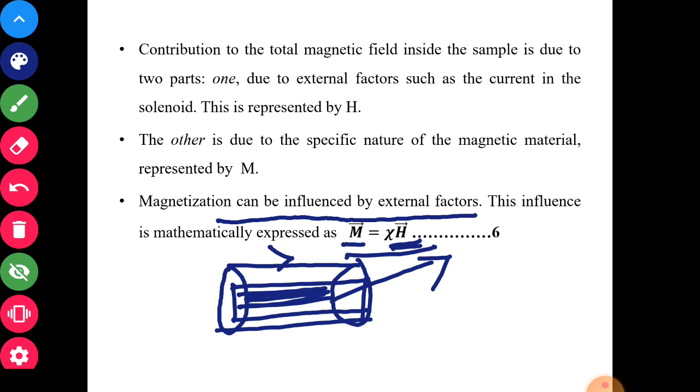It means the current which is passing through the solenoid, and this influence can be represented as M is equal to chi H. Now what is H?